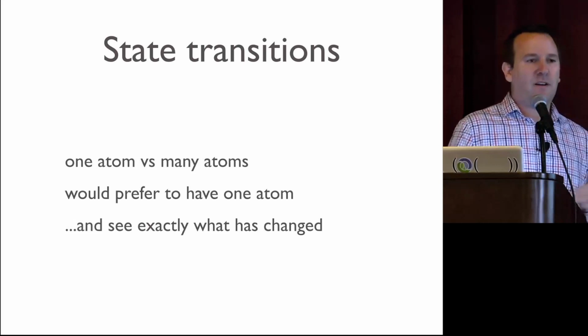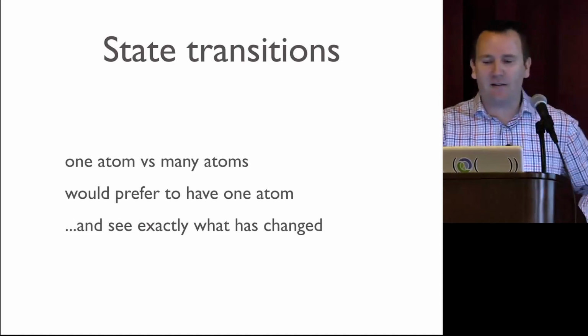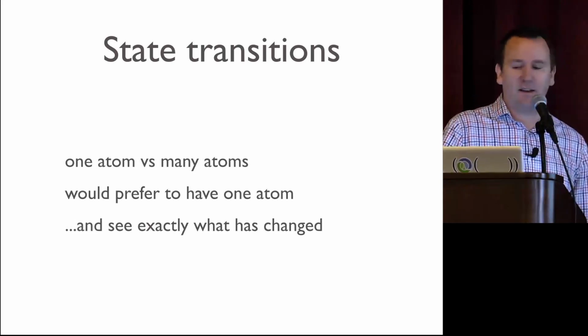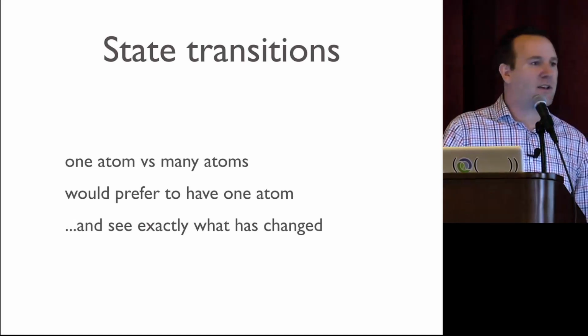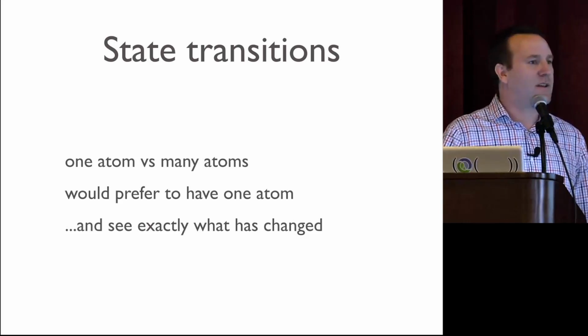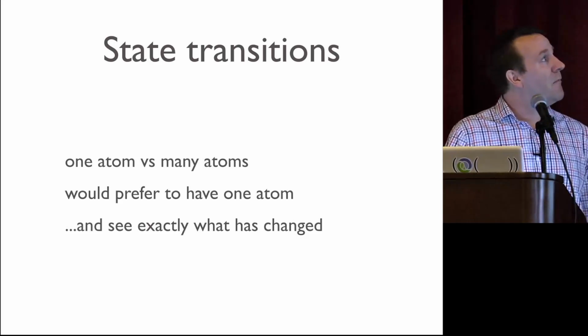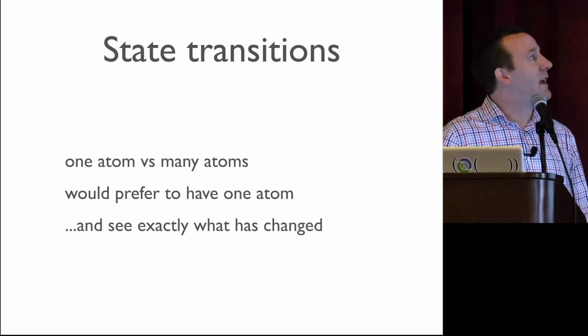So if you've written applications in ClojureScript, you may have used an atom for this type of thing. It's well suited for this, and some of the implementations of our transition model use an atom. If you're not familiar with Clojure, an atom is a reference type.